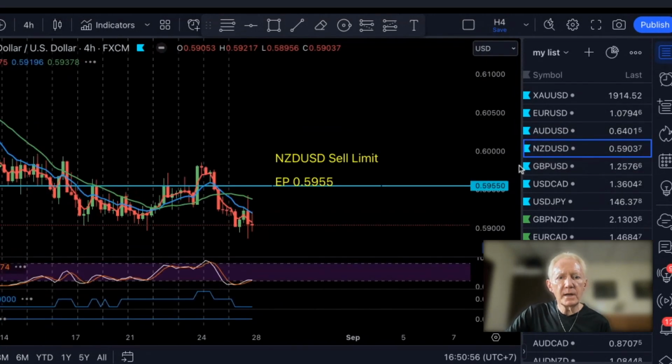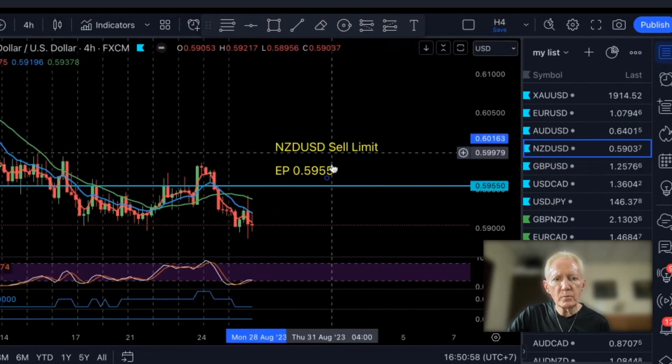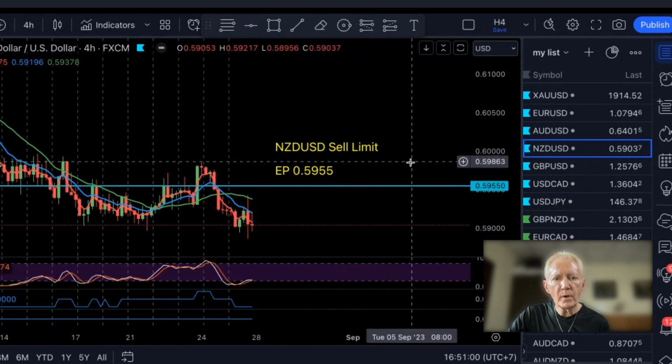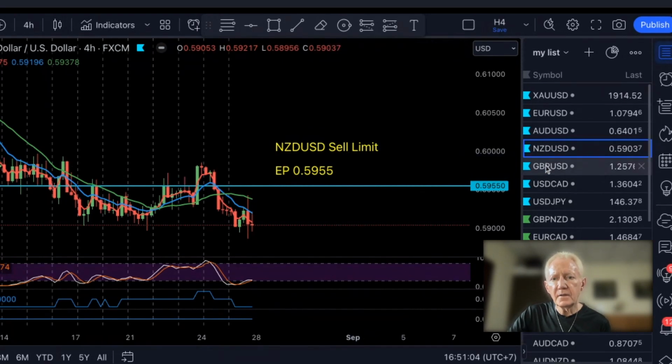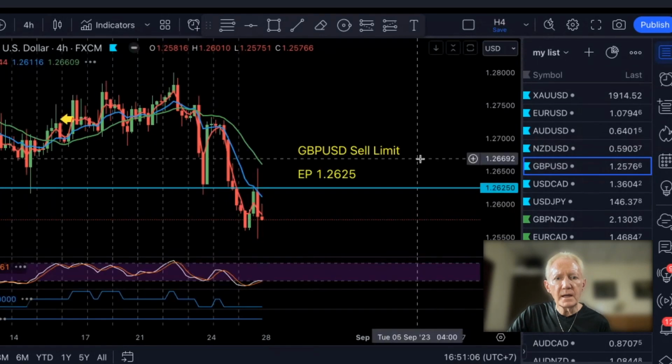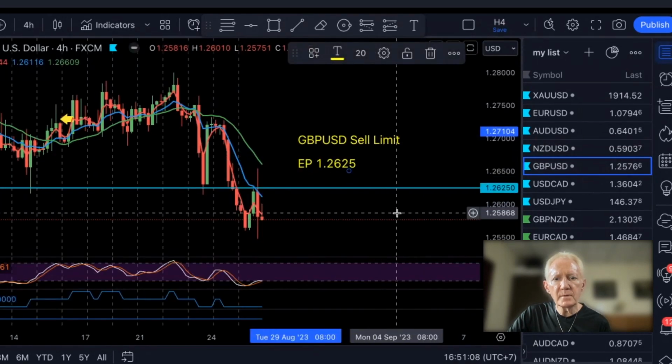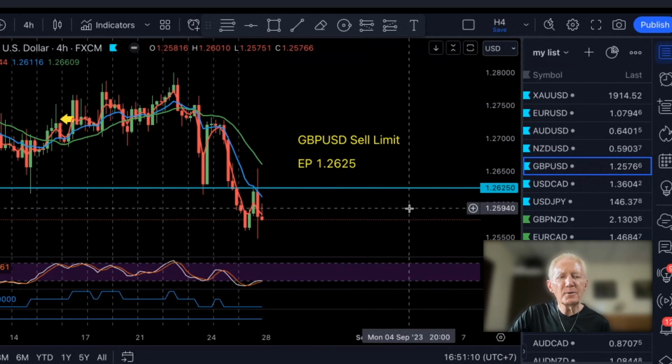The New Zealand US, a sell limit also on that one with the entry price at 0.5955. The pound US, I have a sell limit on that one, of course. All of the major pairs with the US dollar as the counter currency will be sell limits, of course, because of the strengthening US dollar.